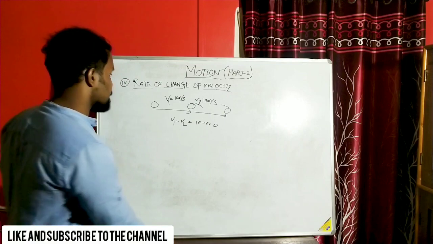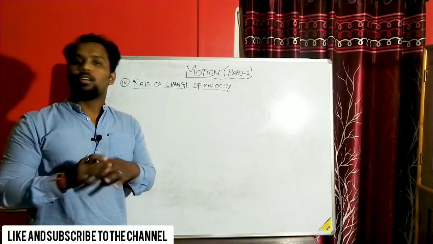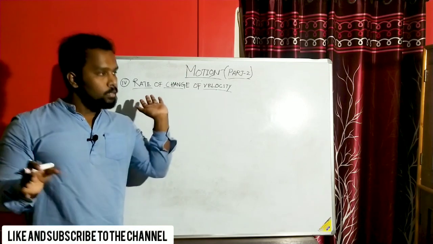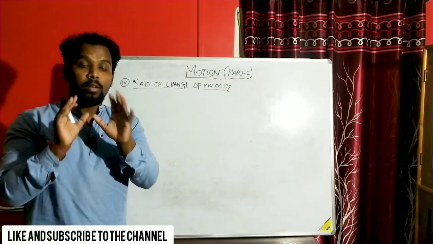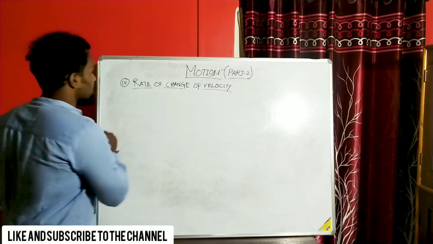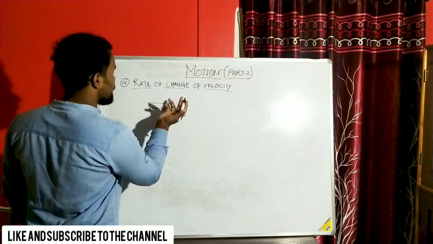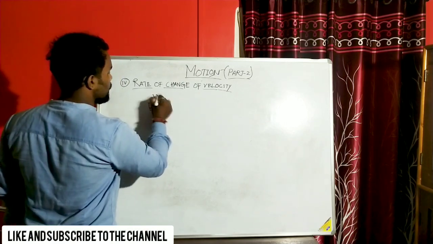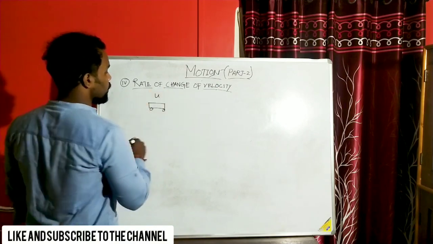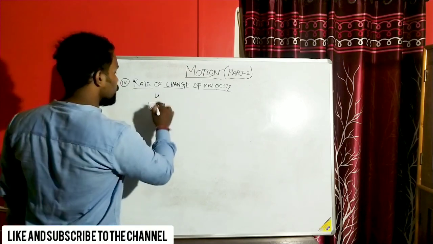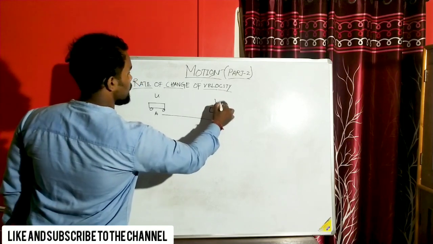Now, what is the case in non-uniform motion? In non-uniform motion, the velocities are not the same. It is constantly changing from one position to another. So in that case, we are going to have a new term. See what happens if this is a car: its initial velocity is u, at position A. When it moves from position A to position B, at B its velocity is v.